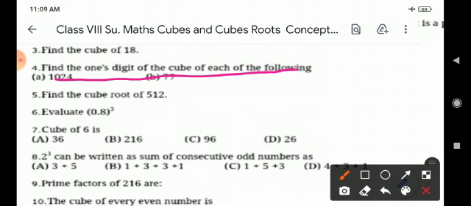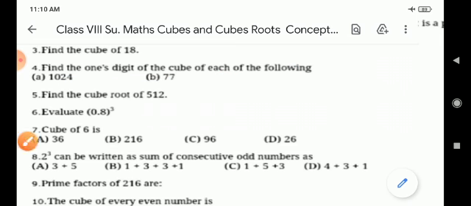Children, listen once again. 1024 is a number ending in 4. The unit digit in the cube is 4. Okay children. And B part, 77 is a number ending in 7, the unit digit in the cube is 3. Okay, 7 into 7 into 7, that is 343. The value will be 3.